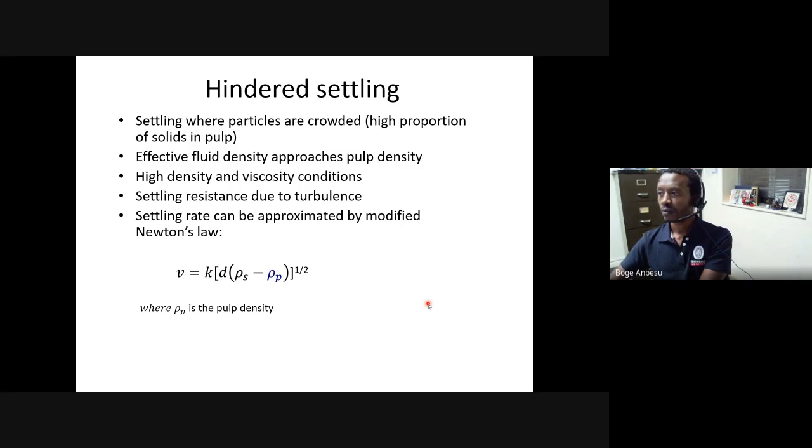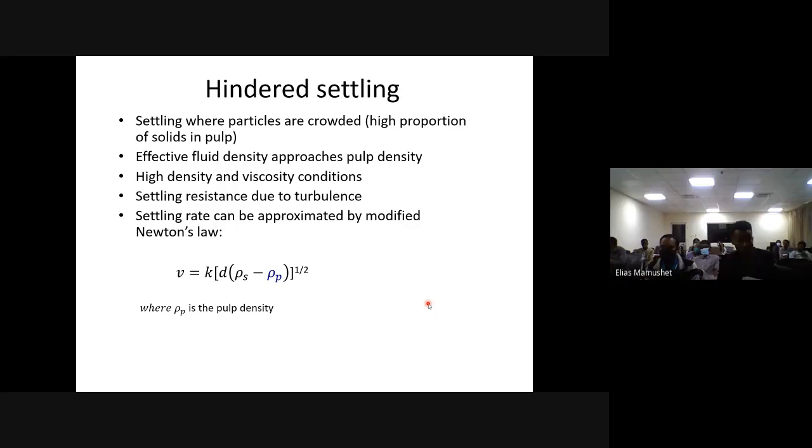Okay, so the free settling case is obviously a case where particles are not really overloading the separator. As I mentioned, we're talking about maybe less than 15% solids, but usually we might want to push the separator a bit harder. I want to work at 30% solids, 40% solids, even up to 70% solids.